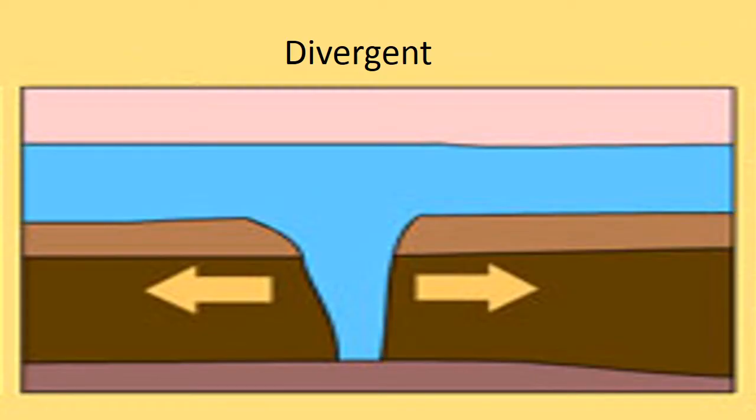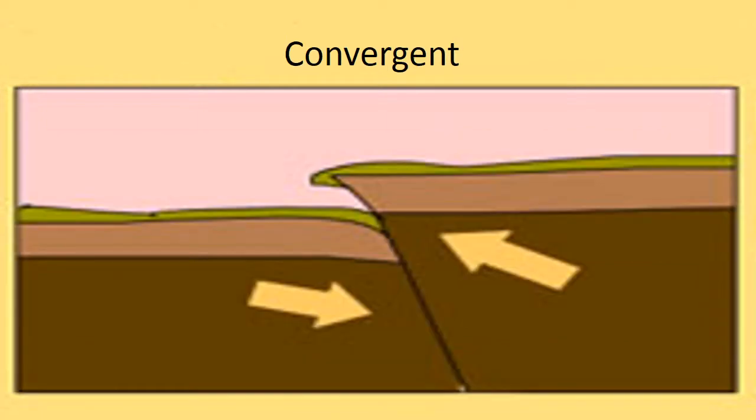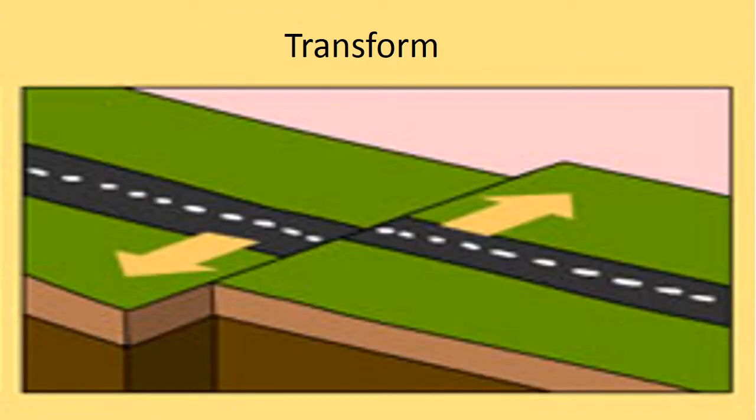Divergent plate boundaries are areas where two plates move away from each other. Convergent plate boundaries are plates that move towards each other. Plates slide past each other along transform plate boundaries.